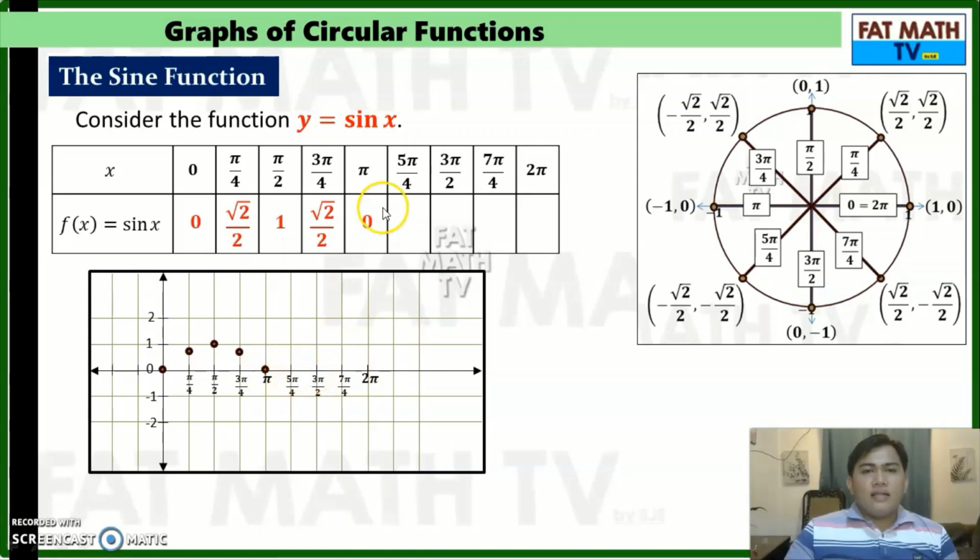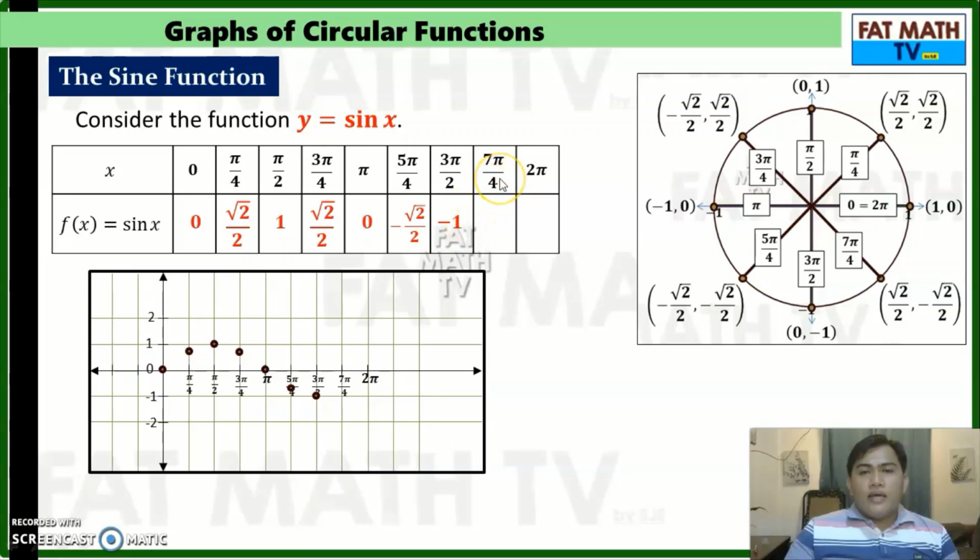And then if you will have 5 pi over 4, that's negative 0.7. So 5 pi over 4, negative 0.7 is here. And then when it's 3 pi over 2, sine of 3 pi over 2, that's negative 1. This is negative 1, the y coordinate.